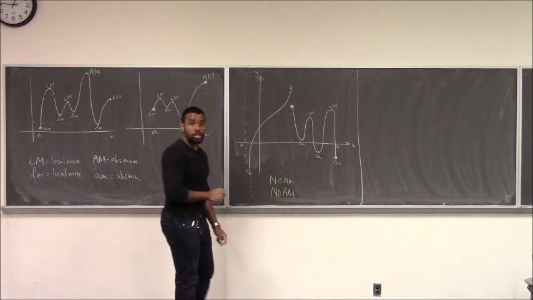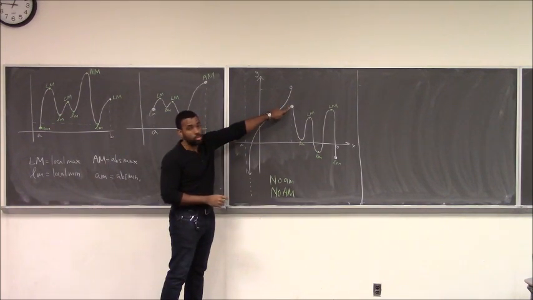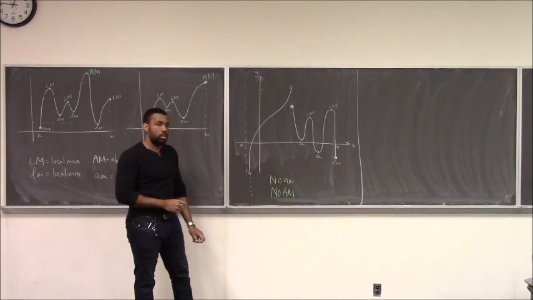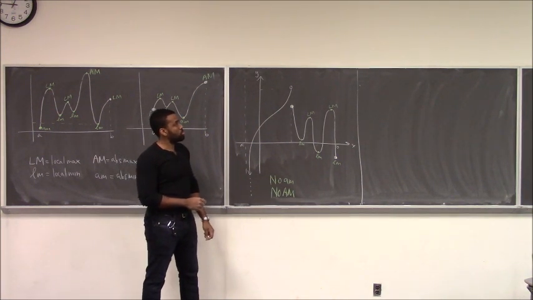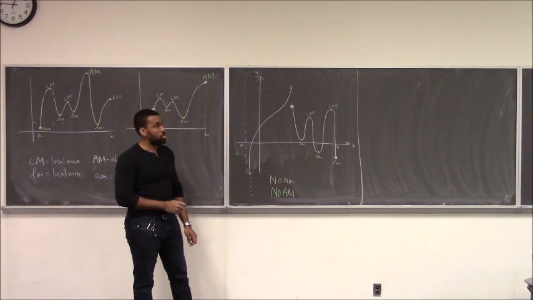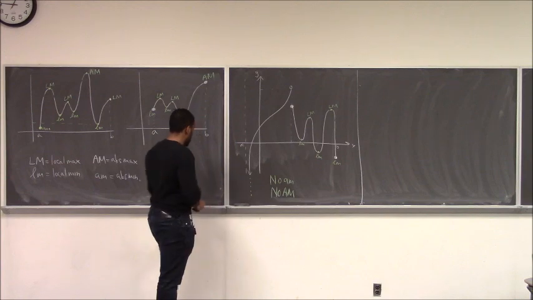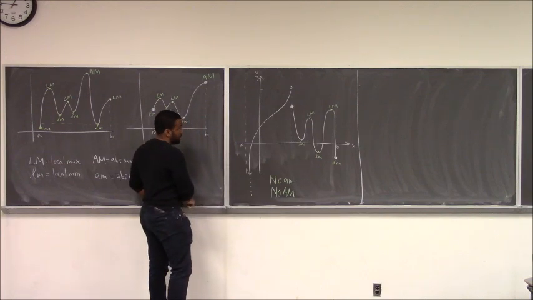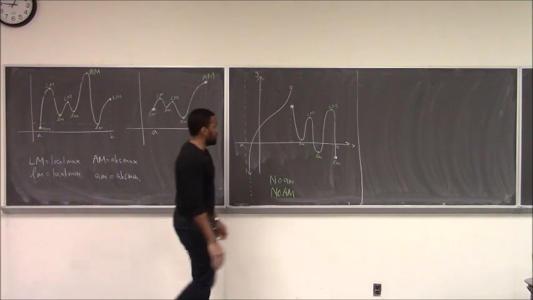What about this guy? What do you think that guy is? This point right here. Is it a local max or local min or something else? Well, that one is neither, okay? And how you'd recognize that as neither is you look at all x values close.